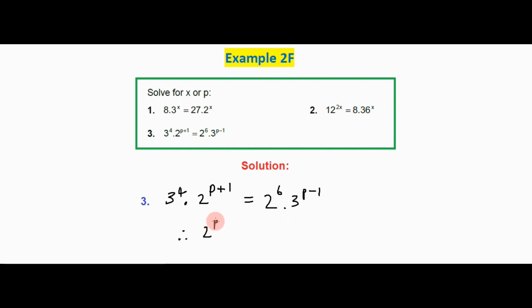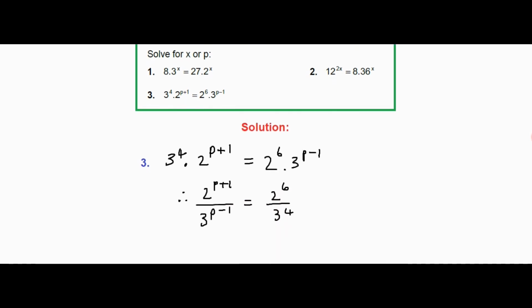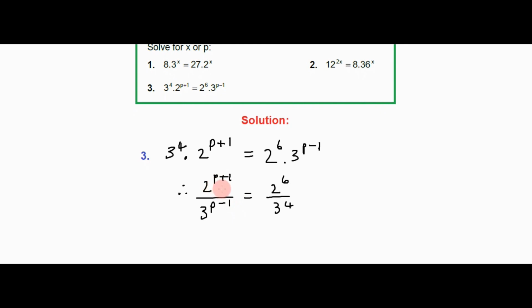So it's 2 to the p plus 1 over 3 to the p minus 1. And the 3 to the 4 we can divide into the right-hand side. Once again, we have the problem that the powers are not the same on the left-hand side.